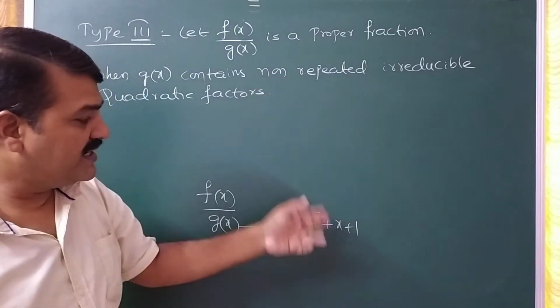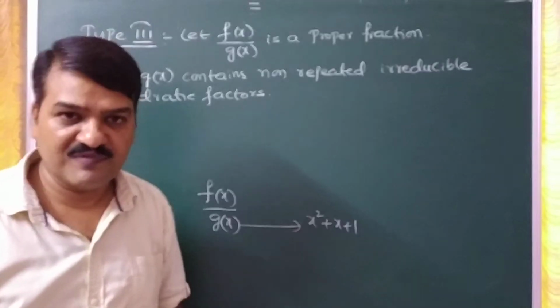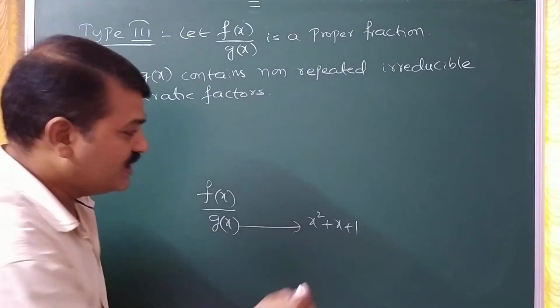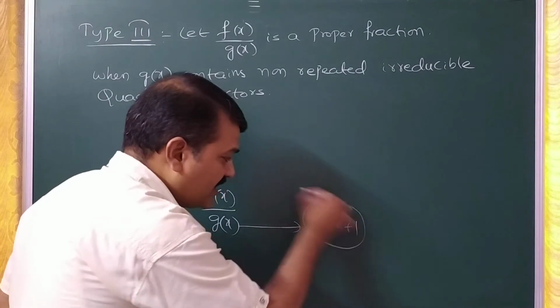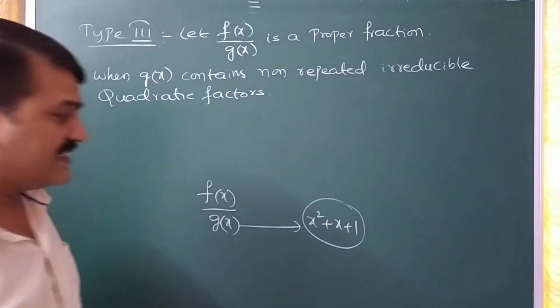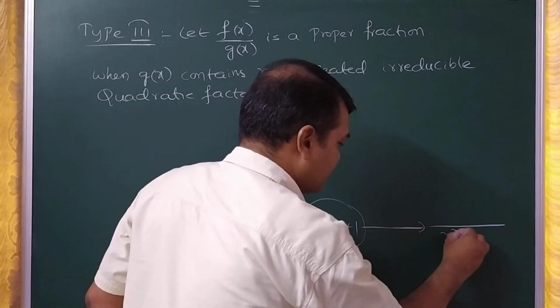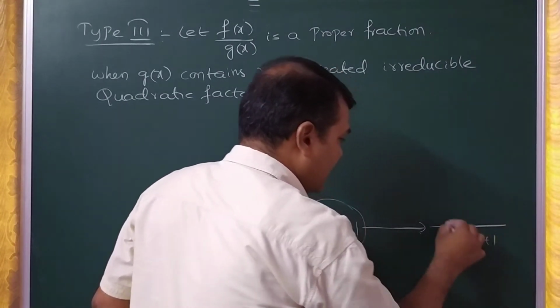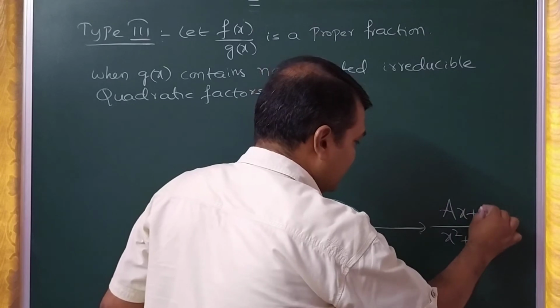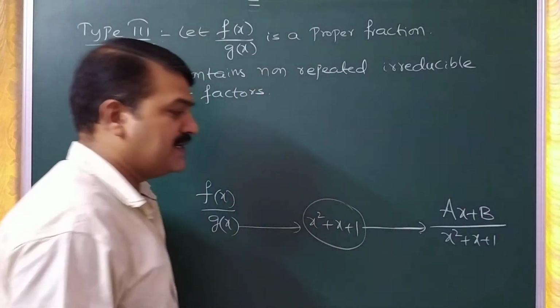It is not repeating because we don't have whole square or whole cube for that. So corresponding to every quadratic irreducible factor like this, we write the partial fraction of that as ax plus b by x square plus x plus 1.